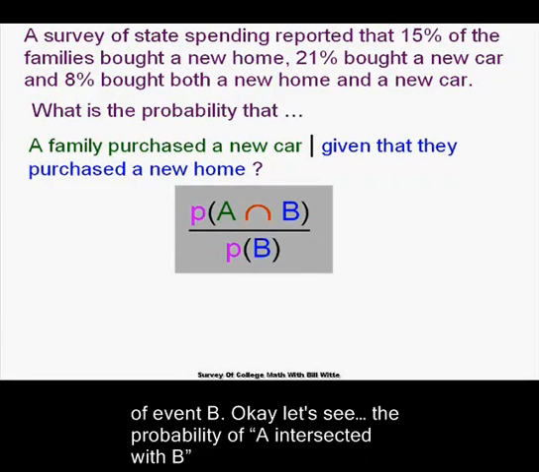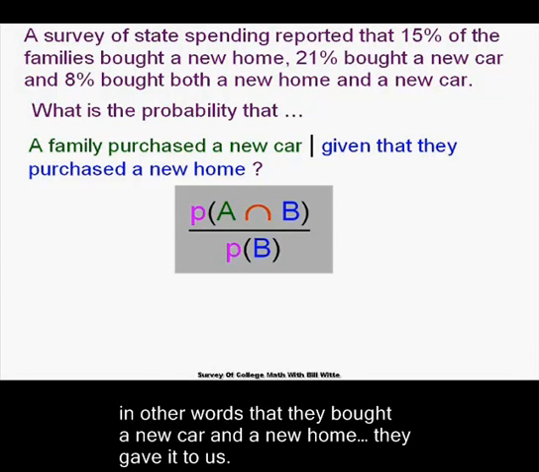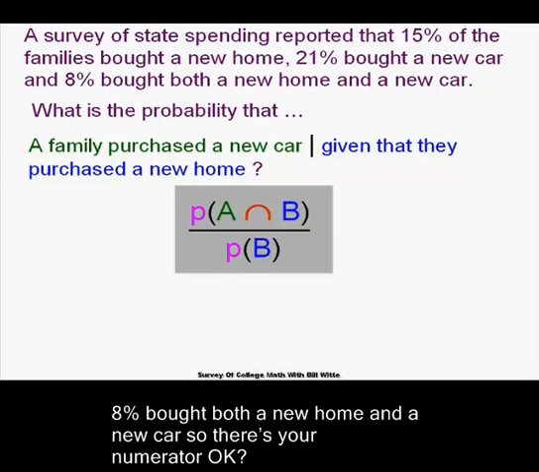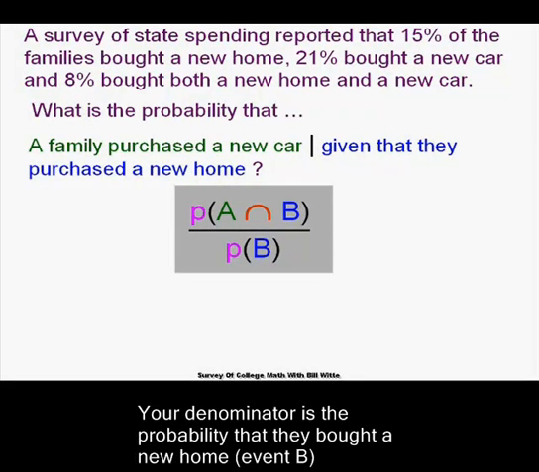The probability of A intersected with B, in other words, that they bought a new car and a new home, they gave it to us. How many bought both a new car and a new home? 8%. So there's your numerator.